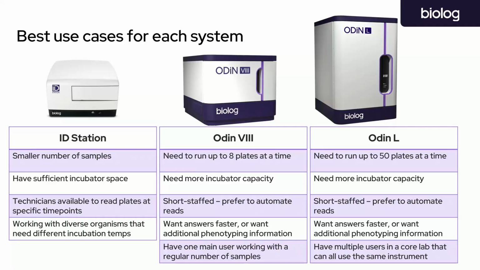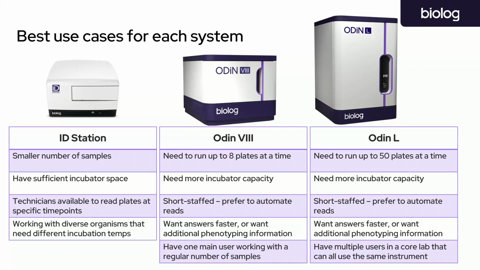Also, if you have technicians on hand that are available to read plates at the specific time points, then that could be a great solution. If you foresee needing to run more plates at a time, or you need additional incubator capacity, maybe you need more incubators anyway, or maybe you're always short-staffed, like a lot of places are these days, and you'd prefer to automate the reads, then Odin systems are a really great fit.